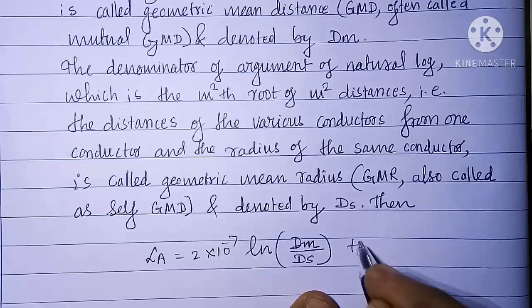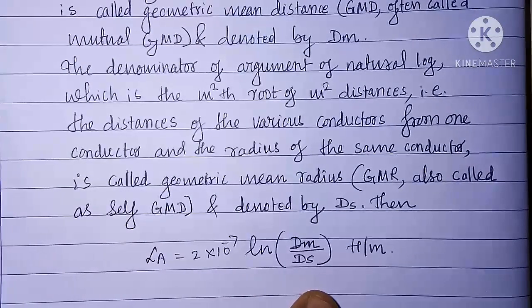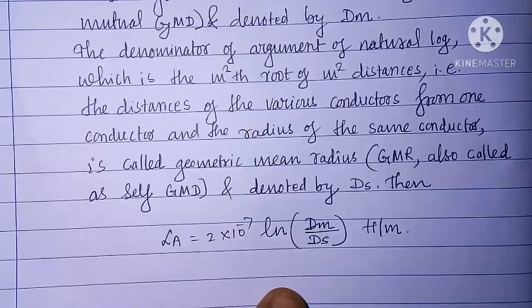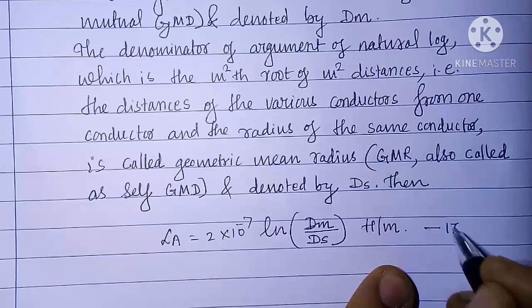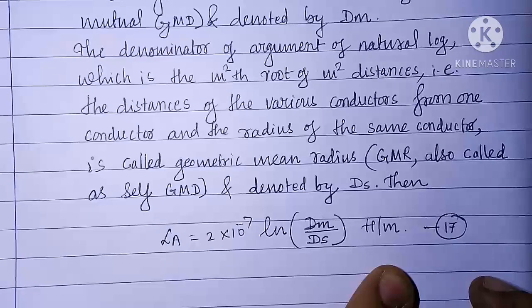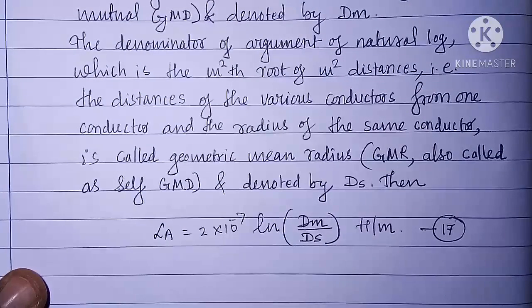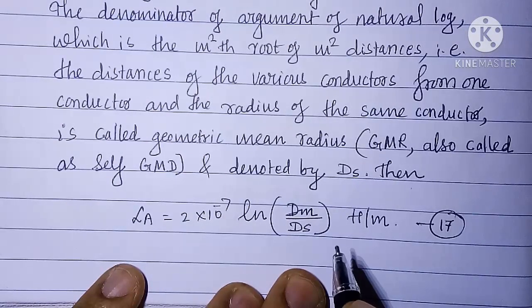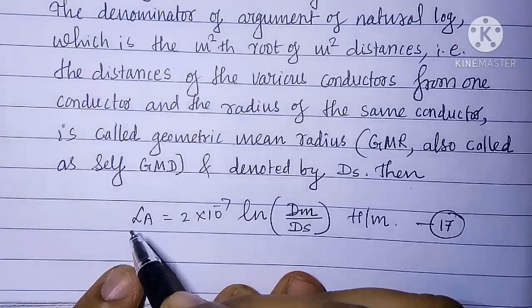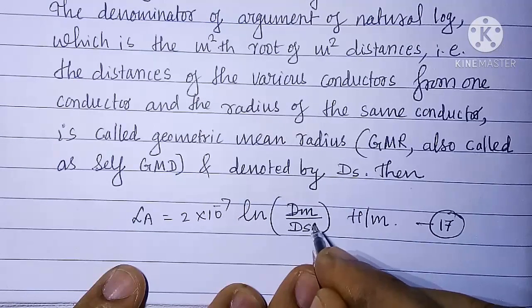Unit is Henry per meter. Let us call this equation 17. To differentiate between inductance of wire A and wire B, we will write here dsA.